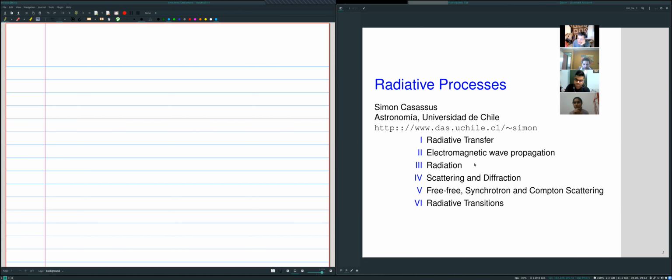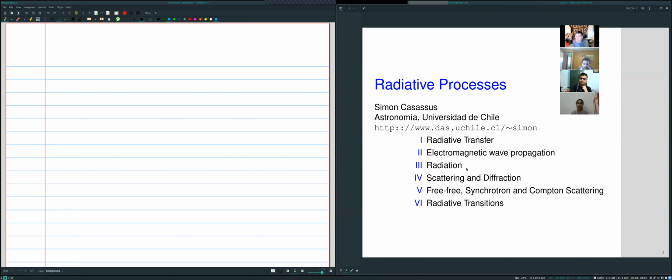and now we'll be looking at the propagation of electromagnetic waves, which is to say, to describe how electromagnetic waves propagate inside a medium. We need to know how to calculate the absorption coefficients and the emission coefficients, and this is what we'll be describing in chapter 2.